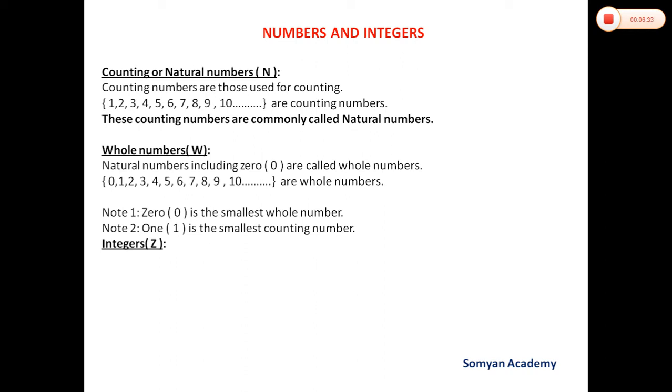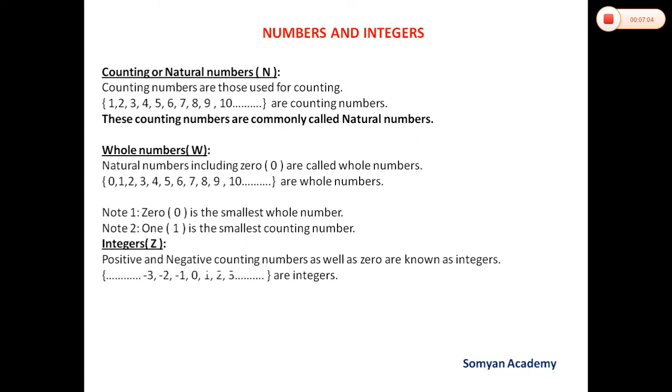Now we will discuss the integers. Integers are nothing but the positive and negative counting numbers, including 0. Noted? Positive and negative counting numbers, positive and negative natural numbers, as well as 0 are known as integers. That is, with 0, all the positive and negative numbers are integers.